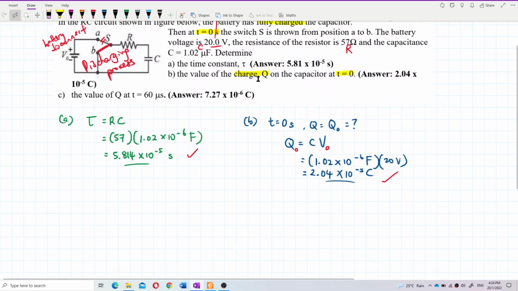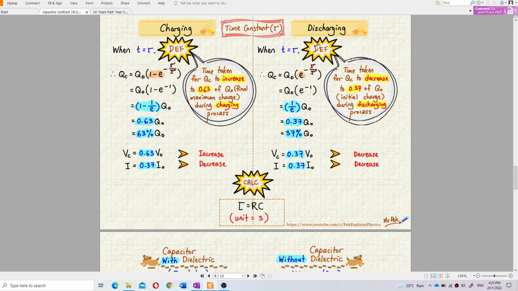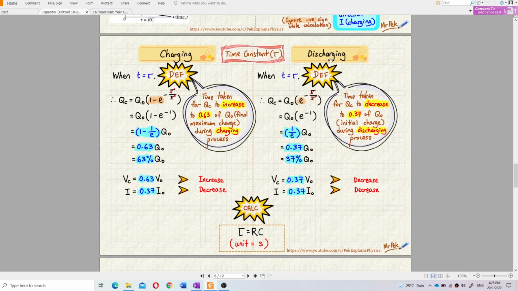Okay, so let's find out. So question C is a discharging process. We want to know what happened to the charge at 60 microsecond, so we use the formula for charge in discharging process.